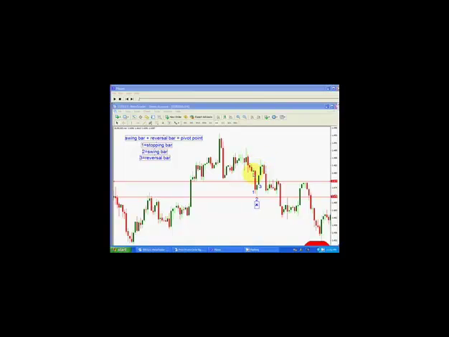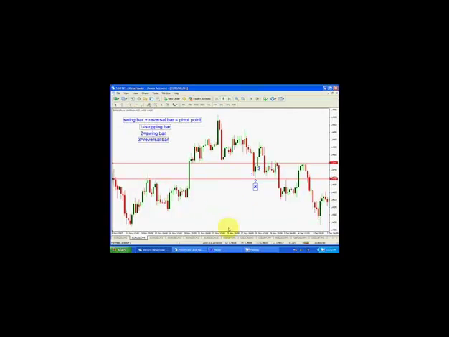In this particular situation, we would expect heavy selling to come in right around this level, because this is where the sellers are when we look at this chart.